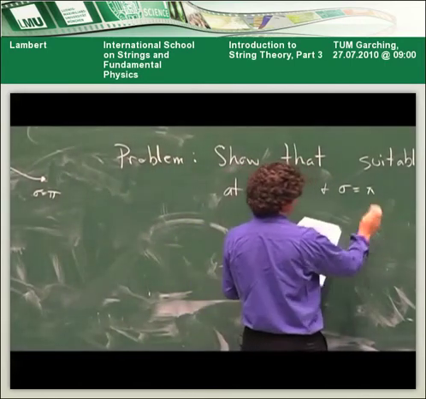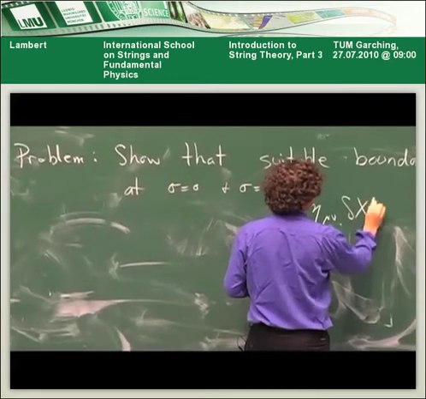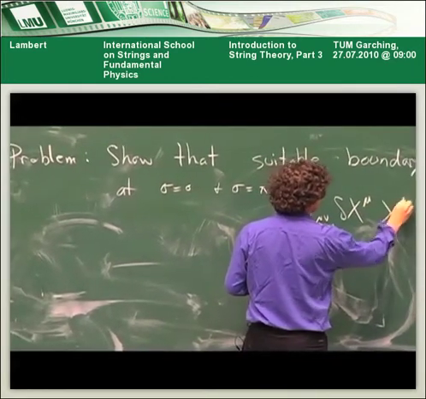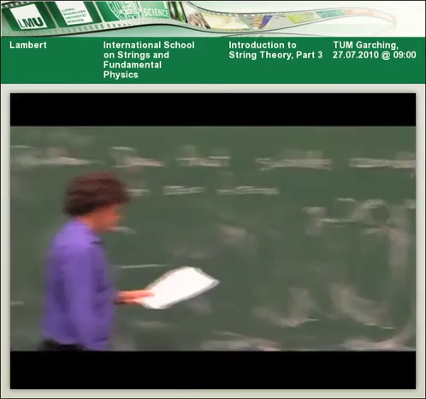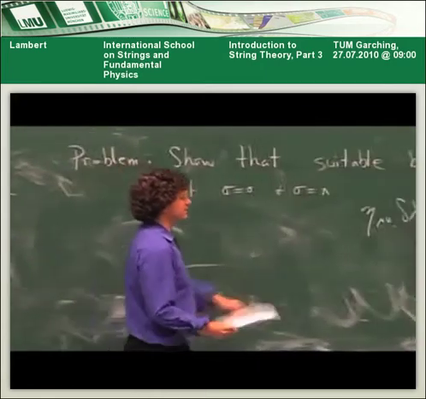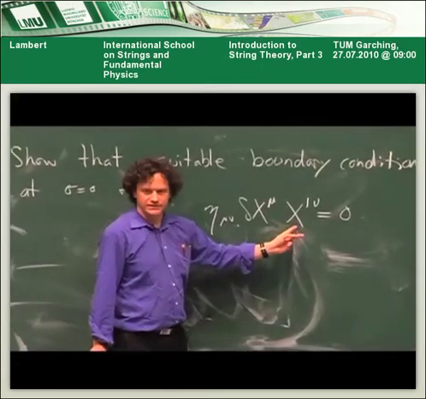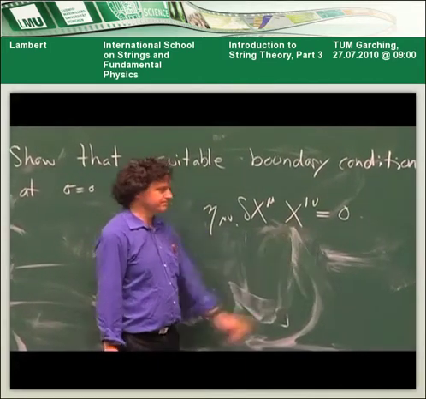The boundary conditions you want to show are that eta mu nu dx mu x prime nu must equal 0. This famously gives rise to two types of boundary conditions. Either you set this to 0 or you set that to 0. Setting this to 0 is called Dirichlet. Setting that to 0 is called Neumann.